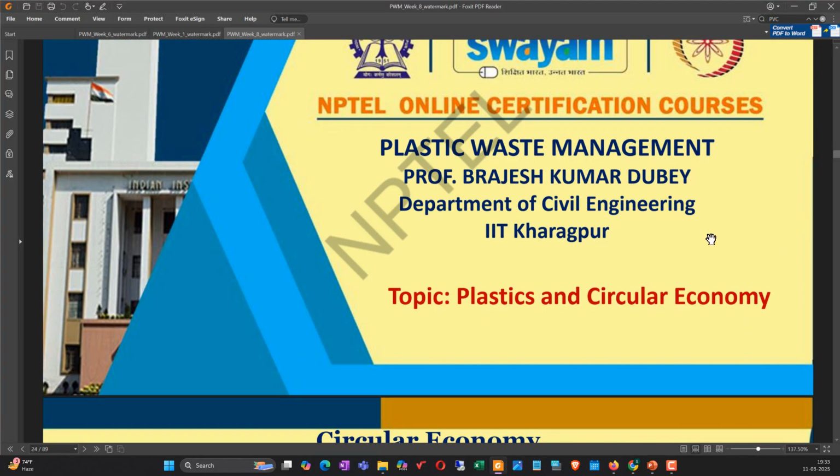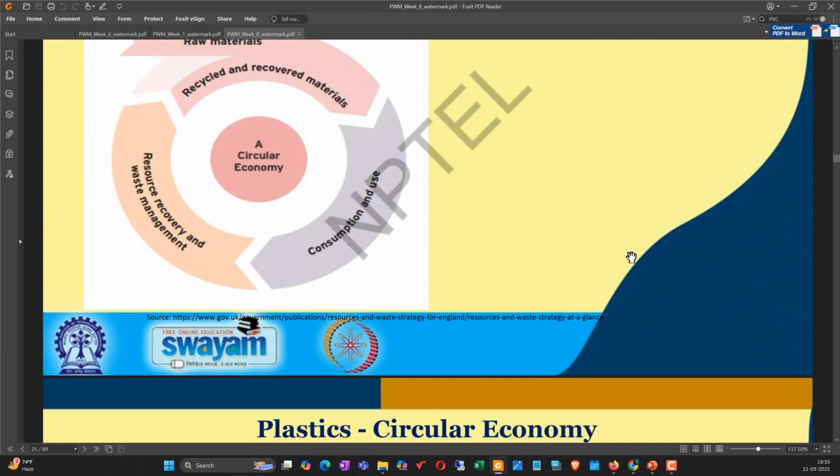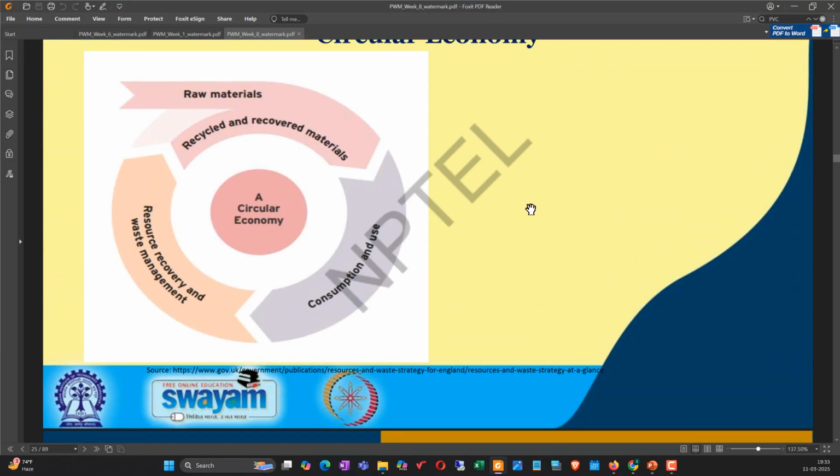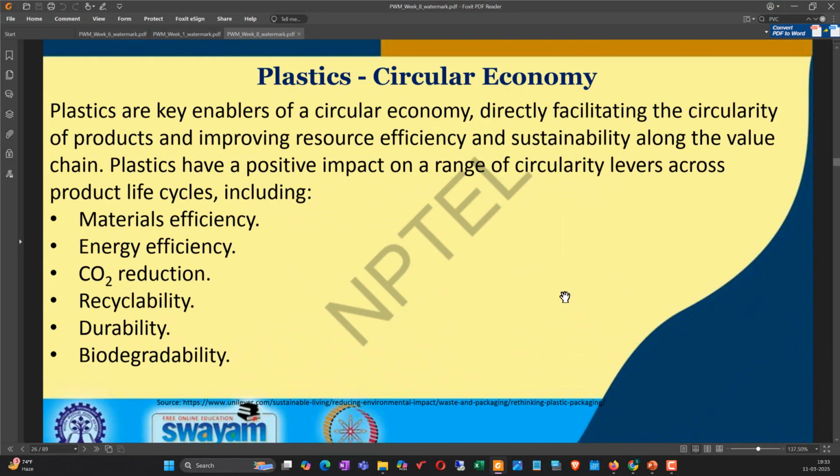The third lecture of the week was again on the circular economy, but in a deeper sense, where the concept of raw material being recovered, recycled, used, and consumed, and resource recovery and waste management will be happening again, right?